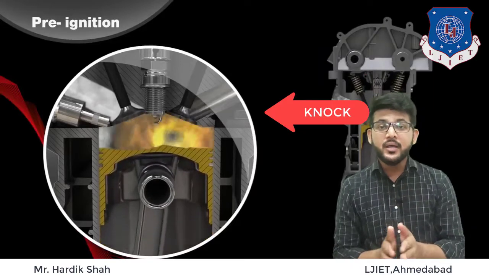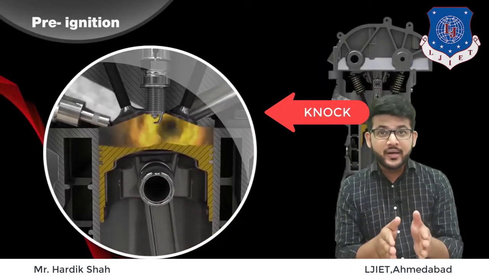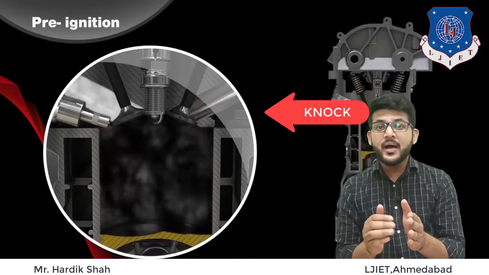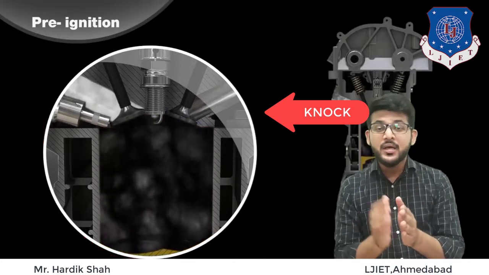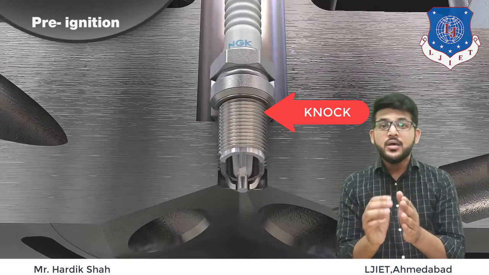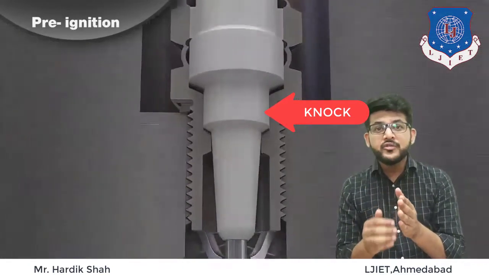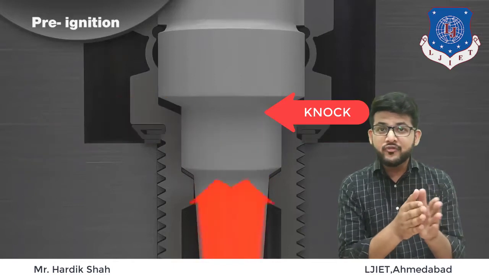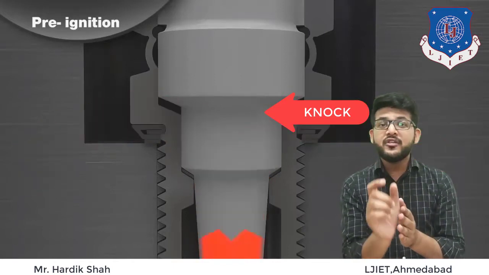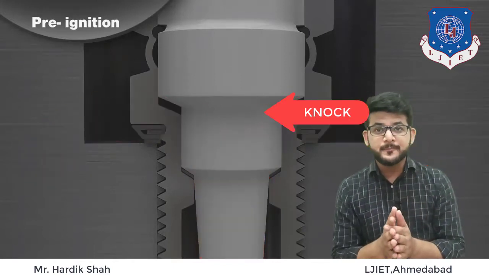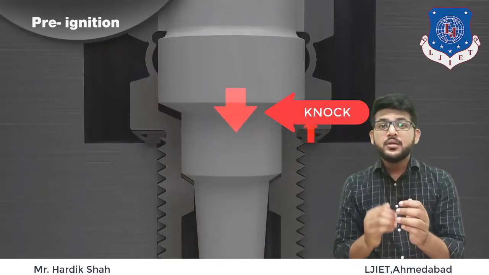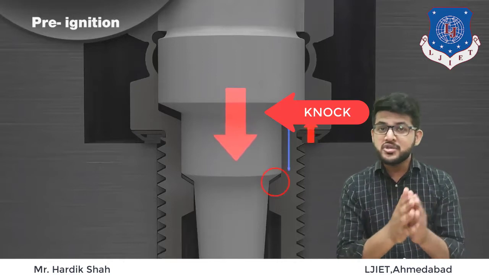The second one is knocking. The fresh charge auto ignites before being reached by the flame front. It is caused by the high temperatures and pressure reached within the cylinder. The high release of energy due to the sudden combustion of a large mass of end gas produces a significant local increase of the gas pressure, which causes a shock wave that propagates from the auto ignition point through the combustion chamber.